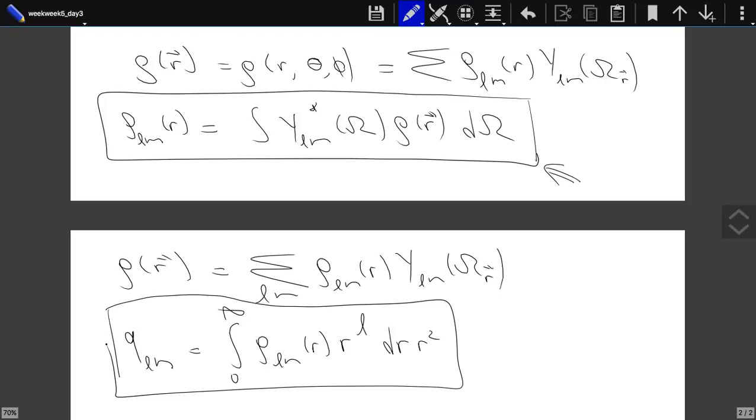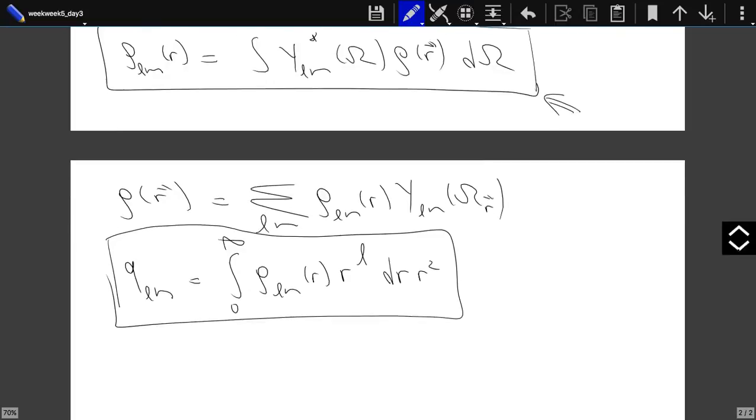If we substitute rho_lm of r into this integral, we see that it is equivalent to the definition of the multipole moments. Let's see.